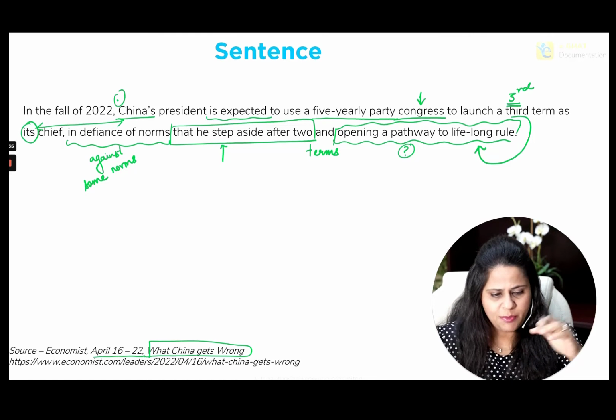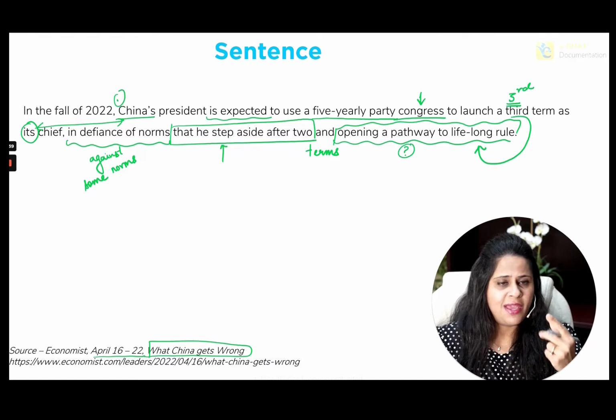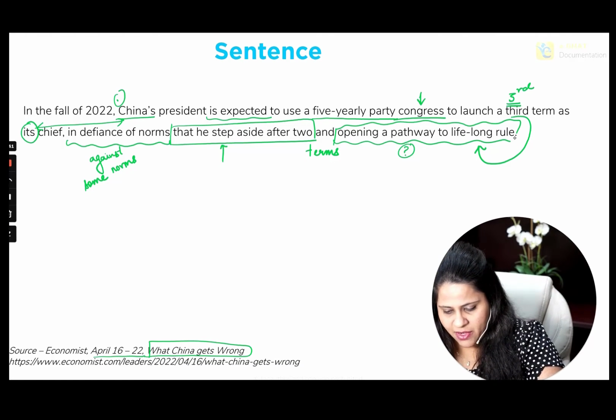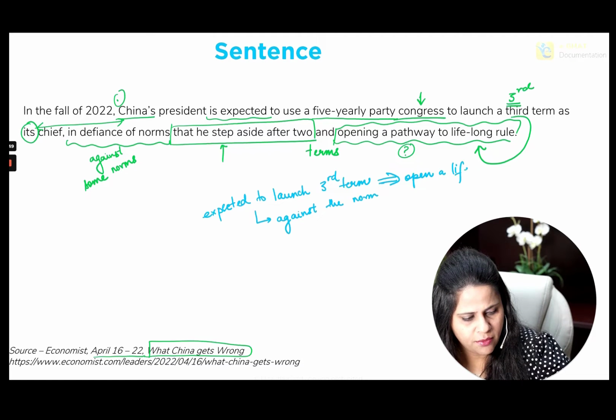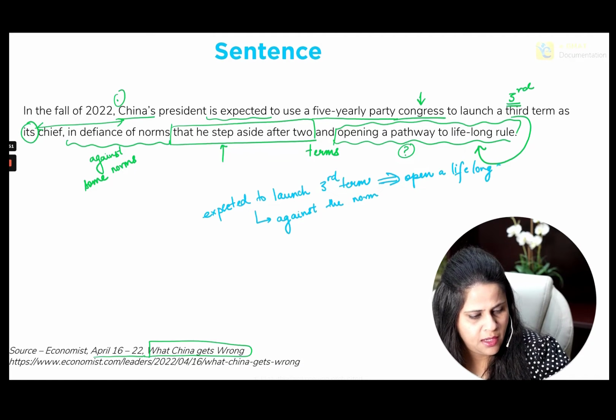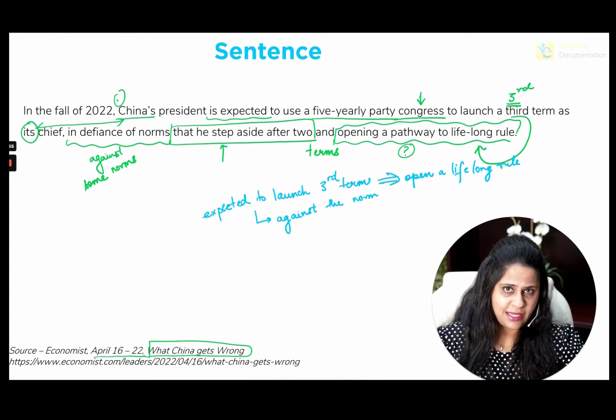The meaning is very clear, right? He's expected to launch a third term as its chief. That's against the norms. So let's write that down. And by the way, if he does this, this will open a pathway to lifelong rule. So that's the meaning that the sentence intends to communicate.